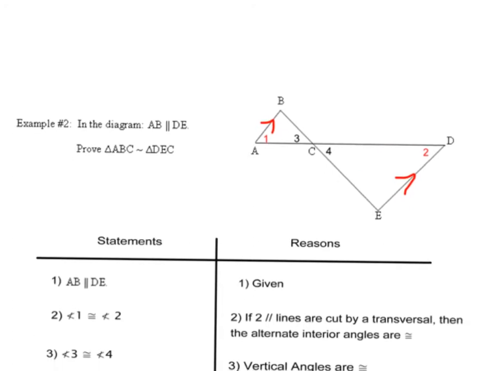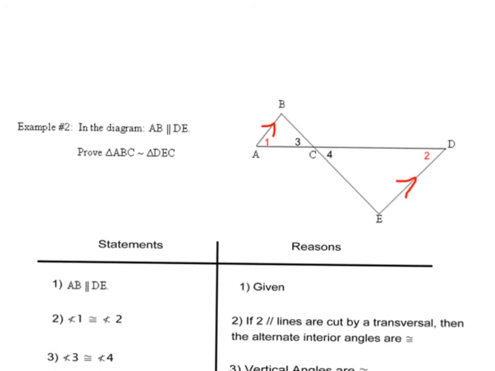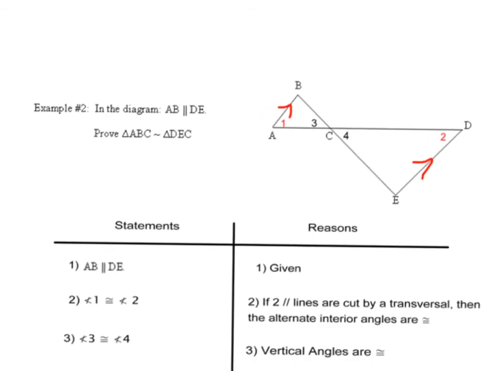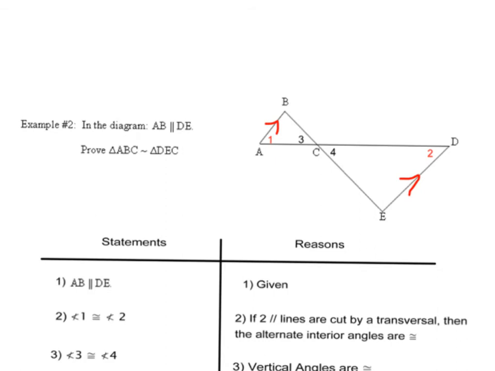The first one, I think everybody already knows that angle 1 is congruent to 2. If 2 parallel lines are cut by a transversal, then the alternate interior angles are congruent. After we write the given lines being parallel, then we're going to go to 3 and 4. So these have 2 swooshes on them. These have 1 swoosh on them.